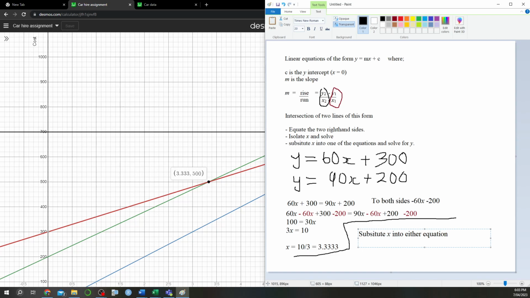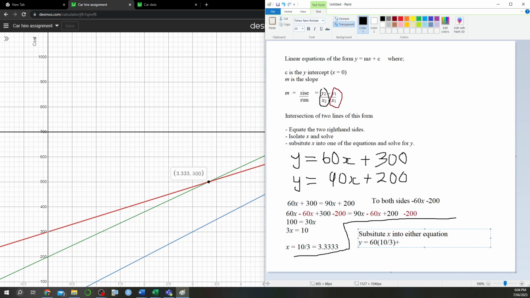So y equals 60 times, I don't have a times symbol, 60 brackets, substitute 10 divided by 3, plus 300.